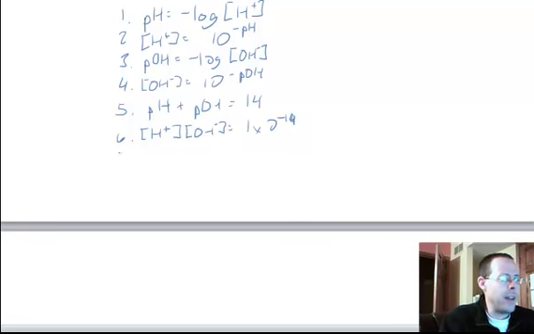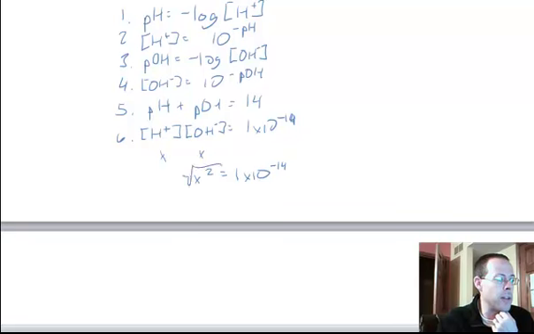So real quick, if these are identical to each other, if hydrogens equal hydroxides, alright? So we might say, if we know hydrogen is x, then hydroxide is also x. So we would set x squared equal to 1 times 10 to the negative 14th. Alright, so we're going to take the square root of both sides.